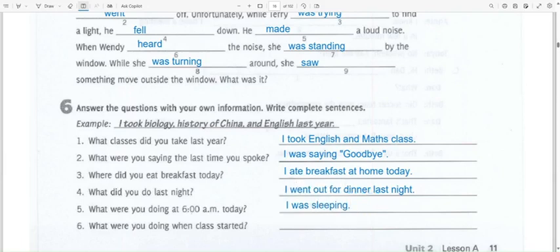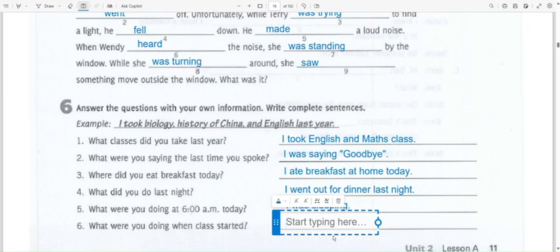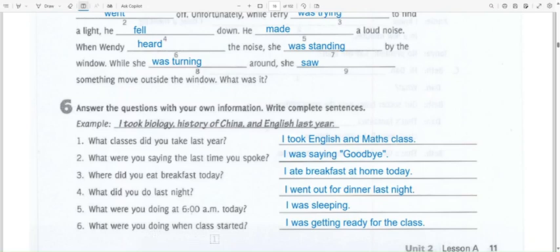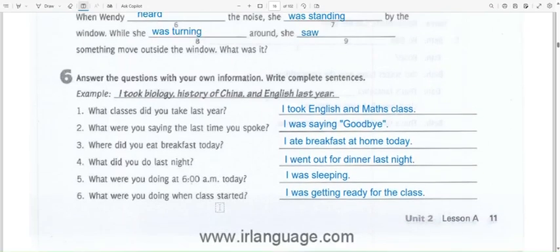What were you doing when class started? I was getting ready for the class. So these are the exercises for the simple past tense and the past continuous tense.